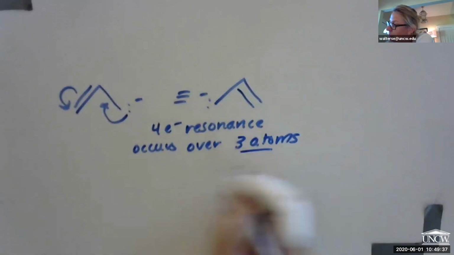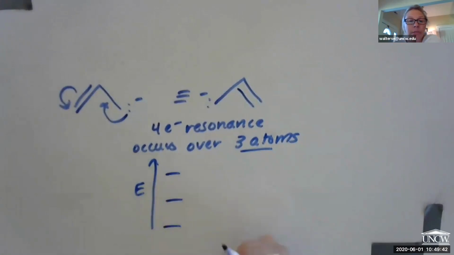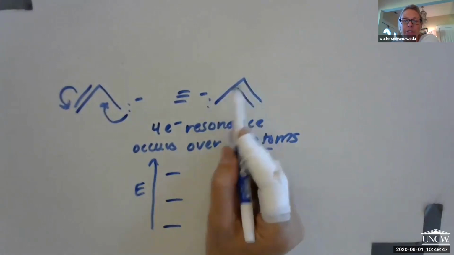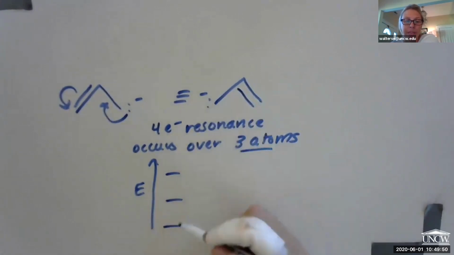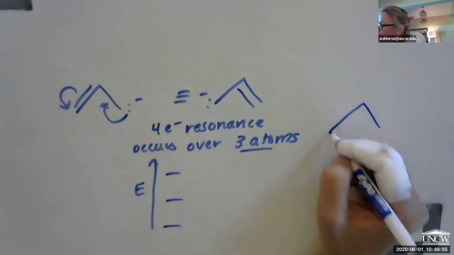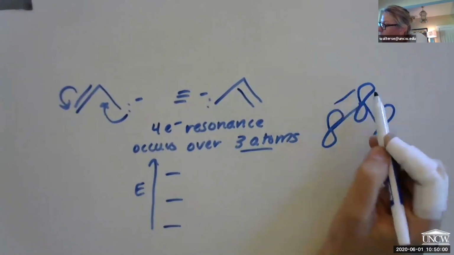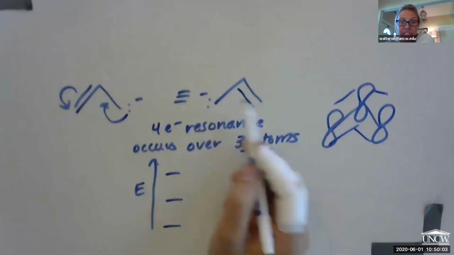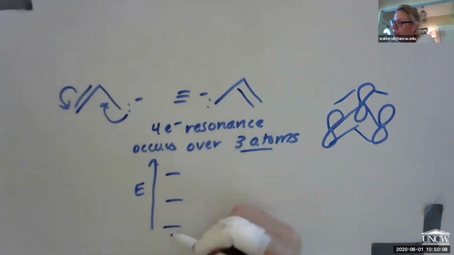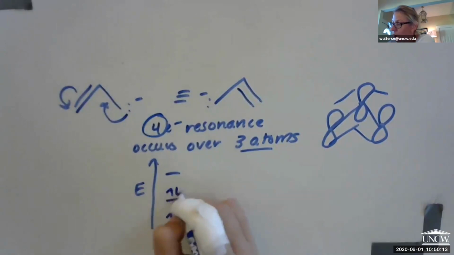So the number of atoms tells you the number of lines on your molecular orbital diagram. So 3 atoms, 3 p orbitals make 3 molecular orbitals. If you drew this out, you would have a pi bond here, a pi bond here, and a pi bond here, all contributing to stabilization of these 4 electrons. So 3 atoms, 3 p orbitals, 3 molecular orbitals, and then you put in the molecular orbitals the 4 electrons.